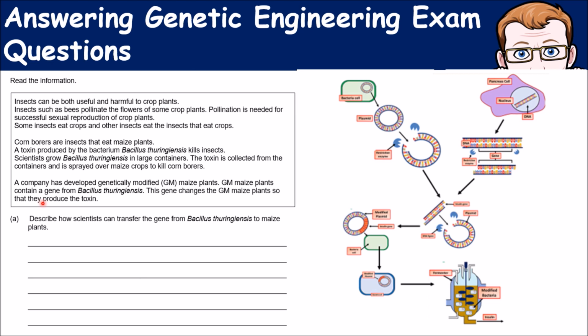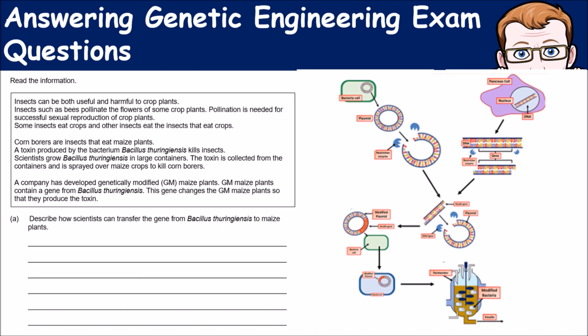A company has developed genetically modified maize plants. GM maize plants contain the gene from the bacteria. This gene changes the GM maize plants so they produce the toxin. So describe how the scientists can transfer the gene from the bacteria to the maize.